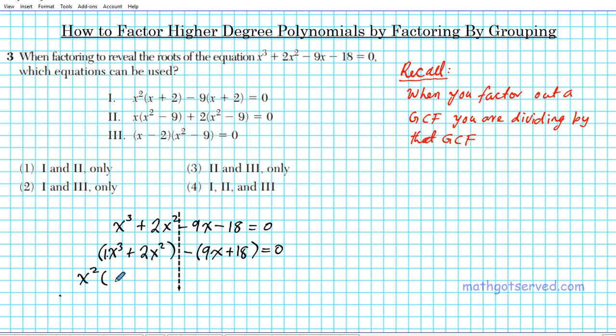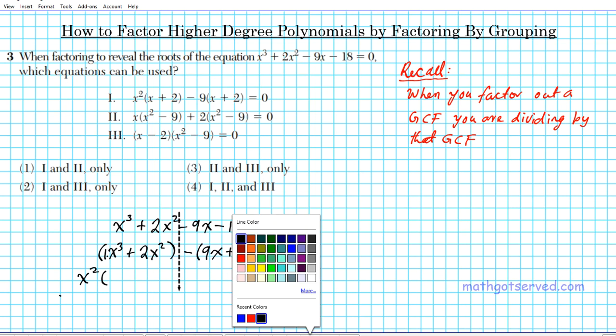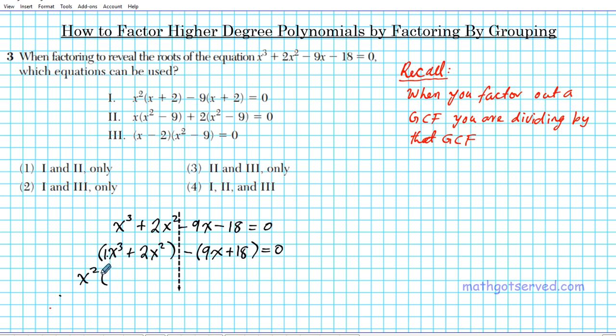So what does it mean to factor out x squared? To factor out x squared means we're going to divide these two by x squared. When you divide x to the third by x squared, what happens is that the power is going to reduce by the power of the term you factored out. So since you factor out x squared, this will be reduced by 2 and is going to be left with 1. And then this one is going to be reduced by 2, so the power is going to be 0. And anything raised to the 0th power other than 0 is 1.